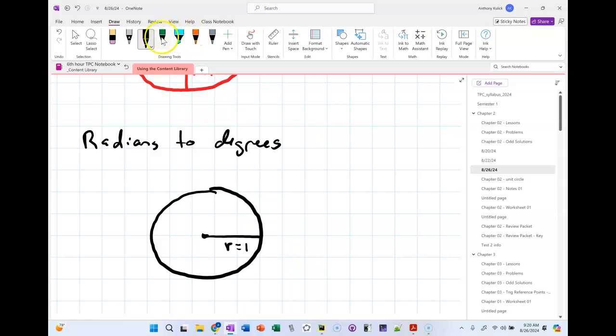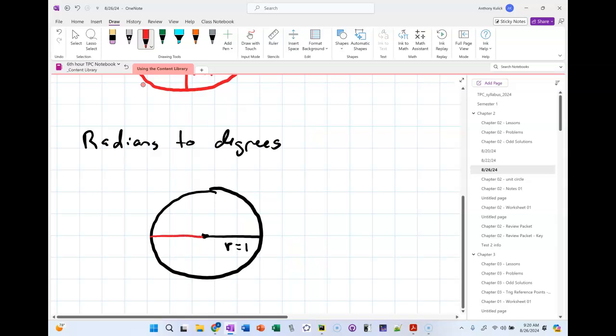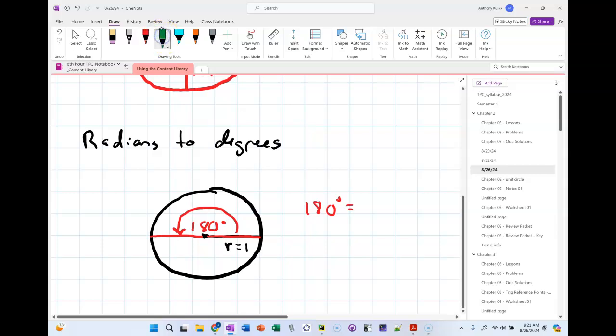And let's make the angle for this circle a 180-degree angle. So I know that 180-degree angle is going to be equivalent to this radian measure.